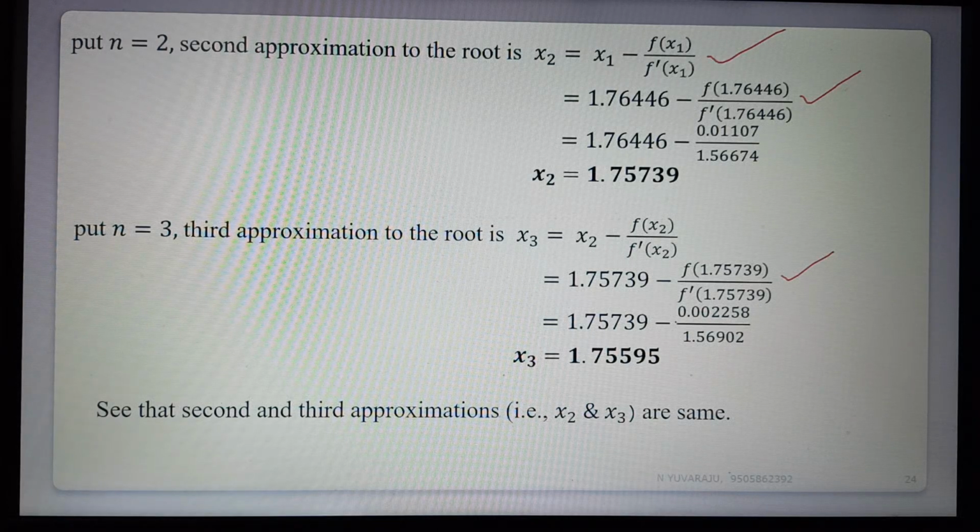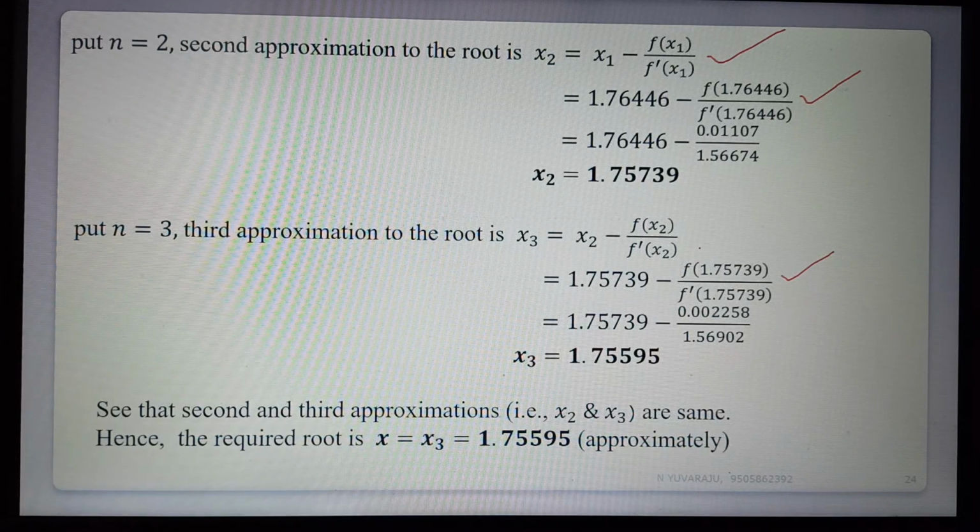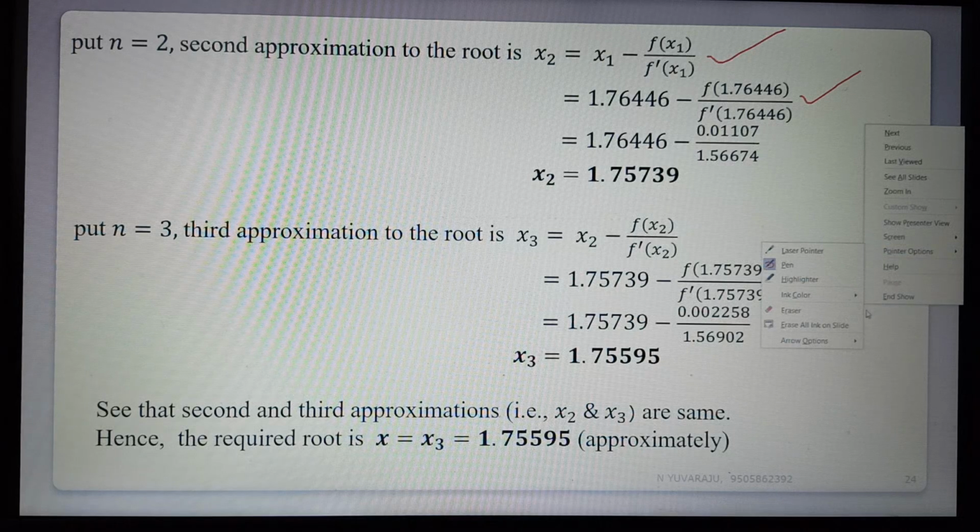See that the second and third approximations are nearly the same, up to two decimal places, 1.75 and 1.75. This is also near 1.8. Therefore the required root is approximately 1.7559. This is the Newton-Raphson method.